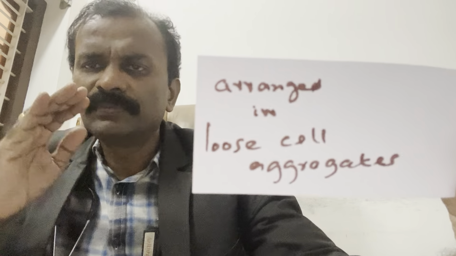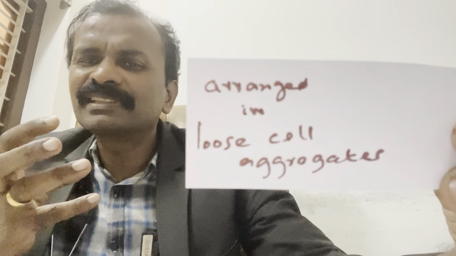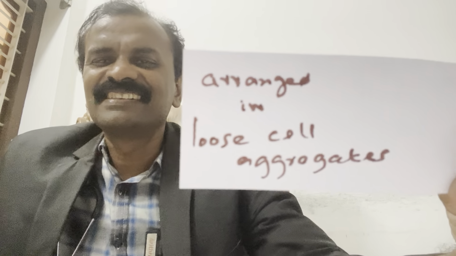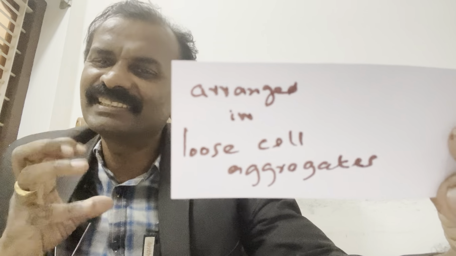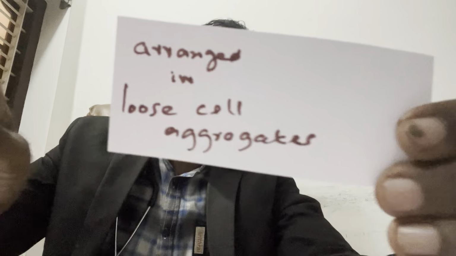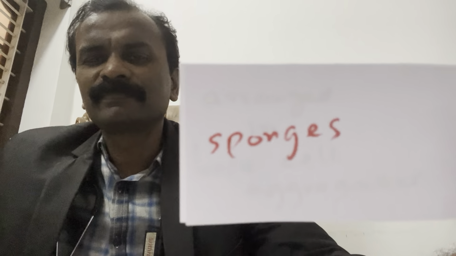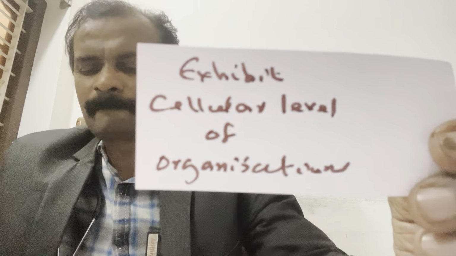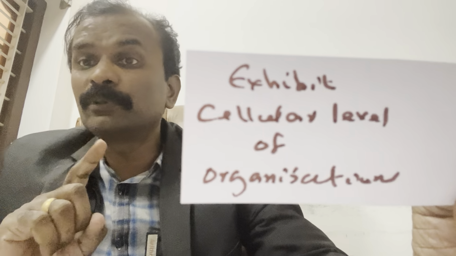Which of the following is arranged as loose cell aggregates? Sponges. Exhibit cellular level of organization. I am talking about cellular level.